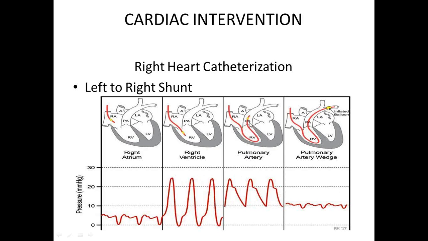If you have an obstruction at the right ventricular outflow tract, then the systolic pressures are going to be different. Okay. All right. So this is what your PA pressure looks like.